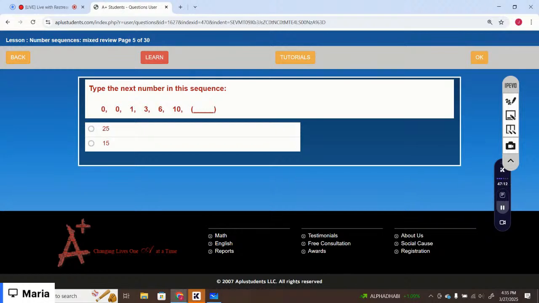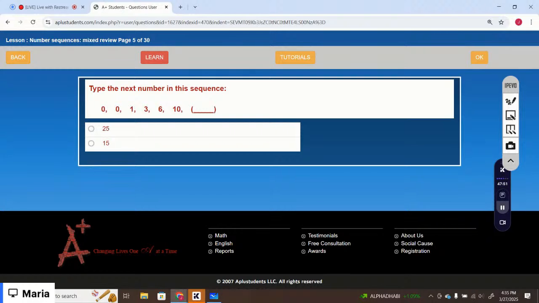Type the next number in the sequence. What is the next number in the sequence?